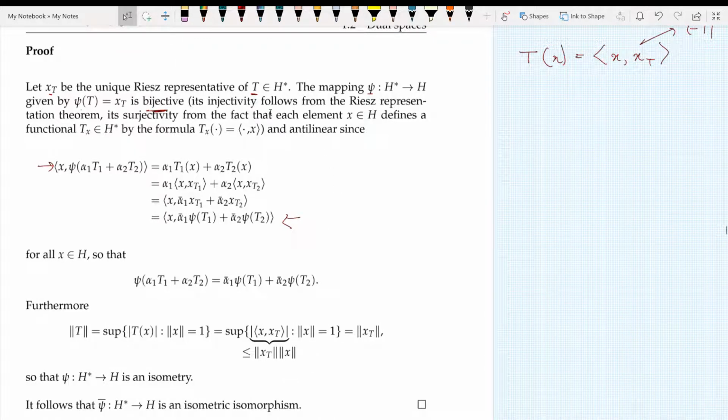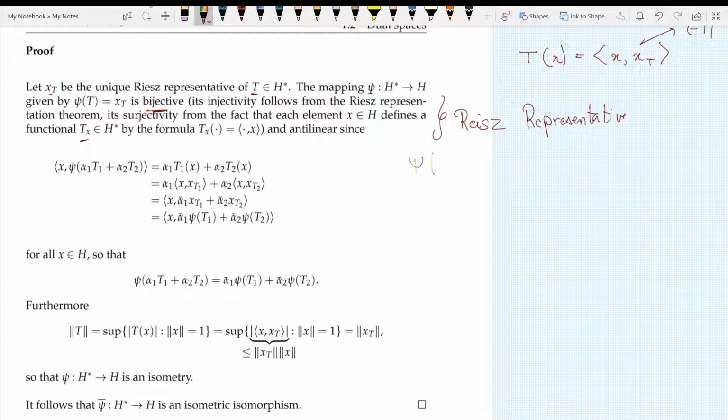Its surjectivity follows from the fact that each element x belonging to H defines a functional t_x belonging to H star by this formula. So these two points come from the previous theorem of Riesz representation. It's easy to see why they are injective and surjective.